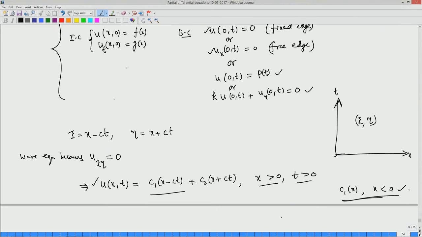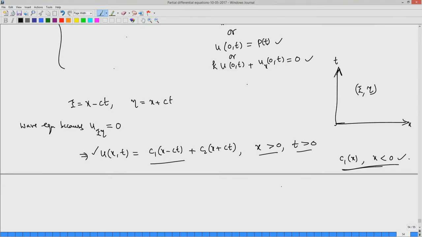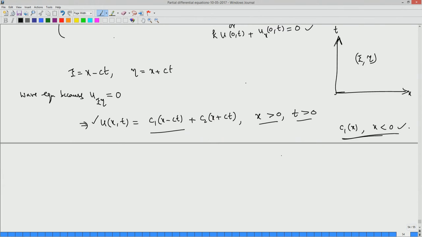So we have already seen how to apply the initial conditions. Let us make this initial condition. First, the initial condition gives u at (x, 0) equal to f(x). This implies c1(x) plus c2(x) equals f(x).